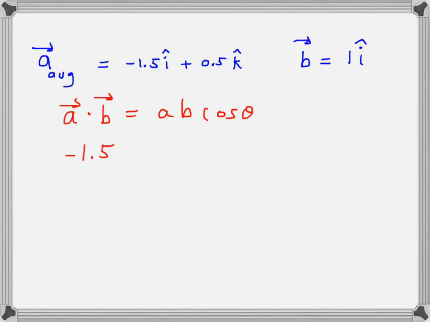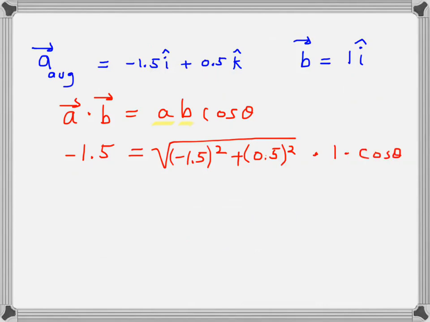And then on the right-hand side of the equation, to find the lengths of vectors A and B: vector A, again, we've done previously. We take the square root of the sum of each component squared. And looking at vector B, 1i, it's just 1 unit long, so B is 1 unit times the cosine of the angle between them.